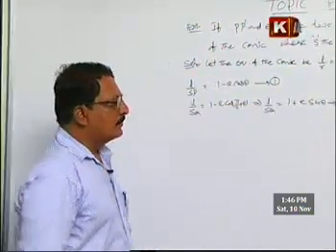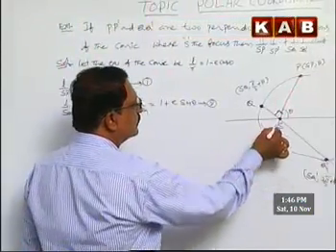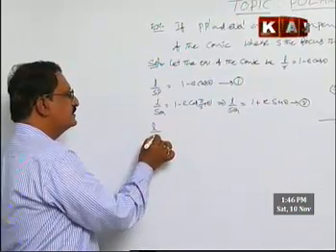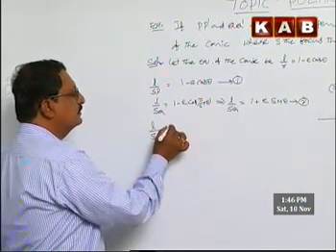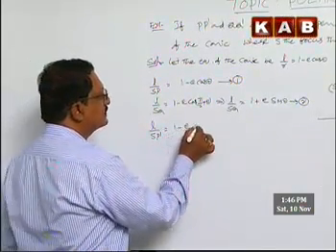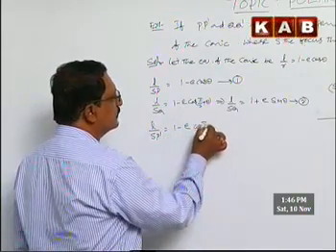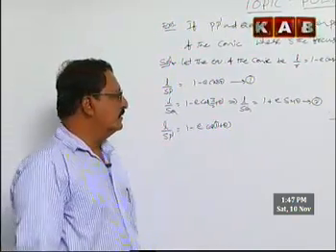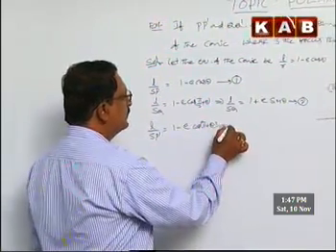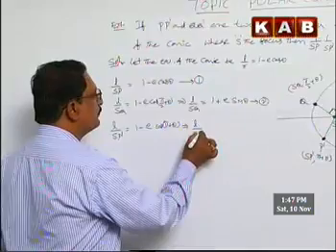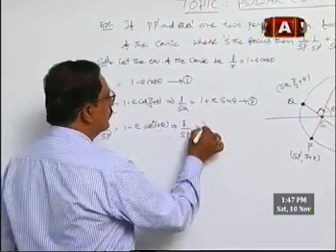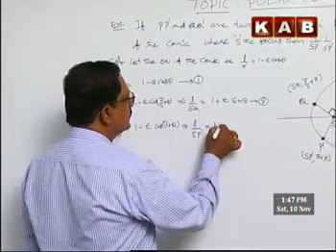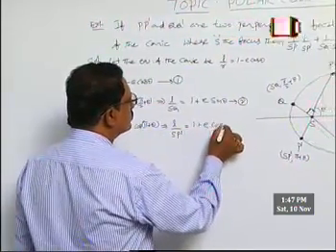Next, the point P dash also lies on the conic, then L by SP dash equals to 1 minus E cos pi plus theta. Now for 3 we get L by SP dash equals to 1, cos pi plus theta equals to minus cos theta, minus of minus plus E cos theta.